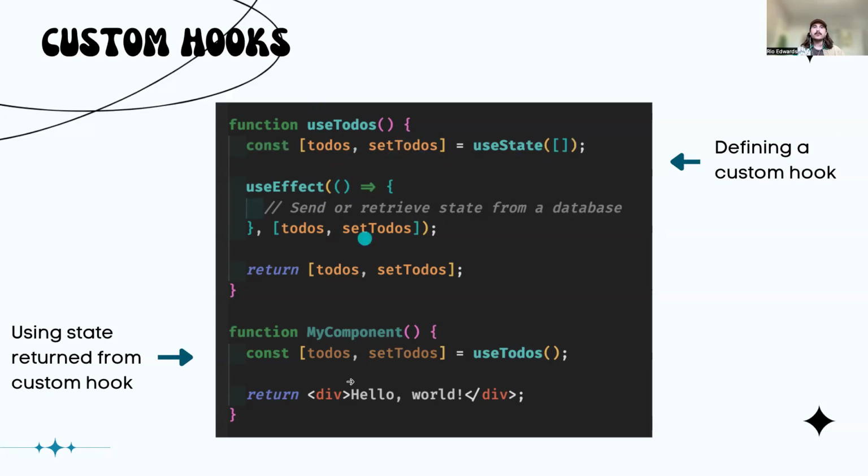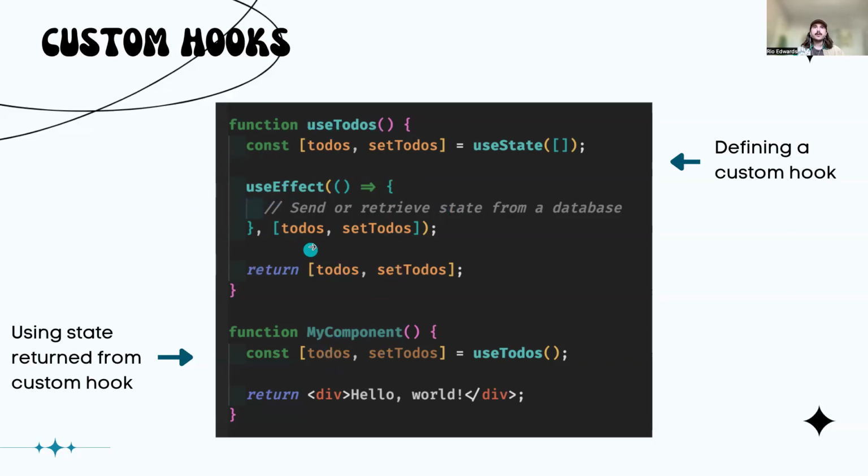I just copied this over from our component. I copied over this line, and I actually copied over pretty much all of these lines, except for the return. The useEffect here, I also used to have in my component, but I copied it over into a custom hook.